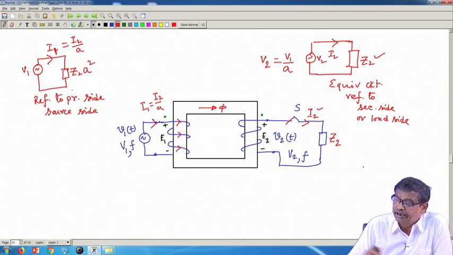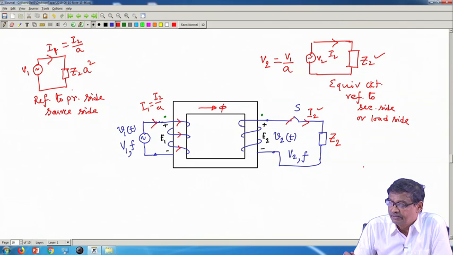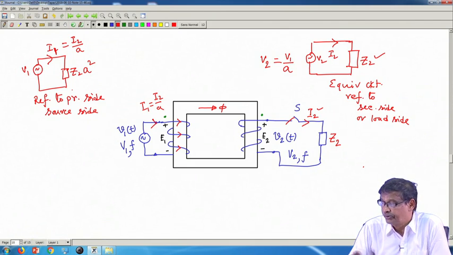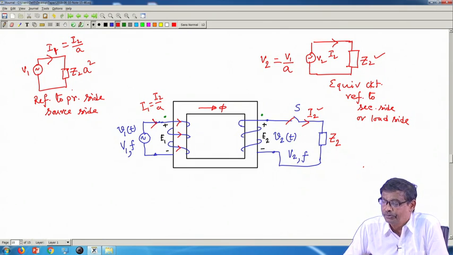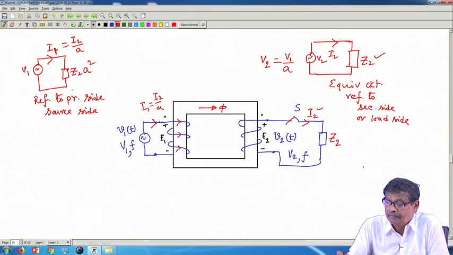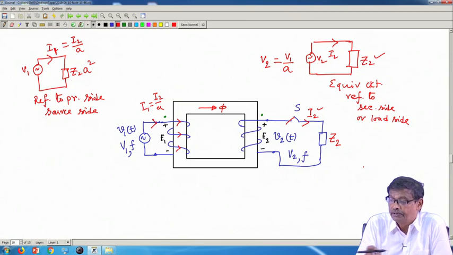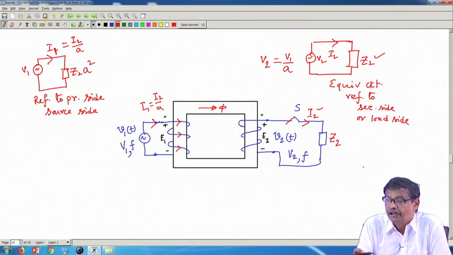On the load side, when I draw the equivalent circuit, I am in the secondary circuit, so I should not disturb Z2. Z2 is Z2, here is I2, here is V2, but the primary applied voltage V1 gets transformed to V1 by A, and I2 is equal to A into I1.